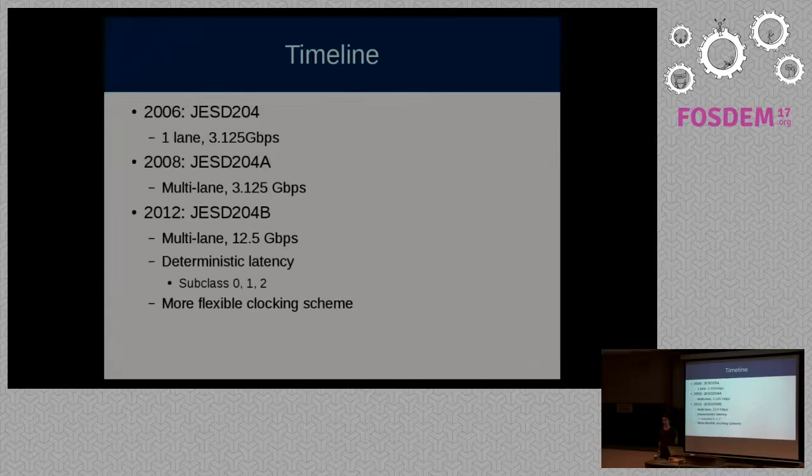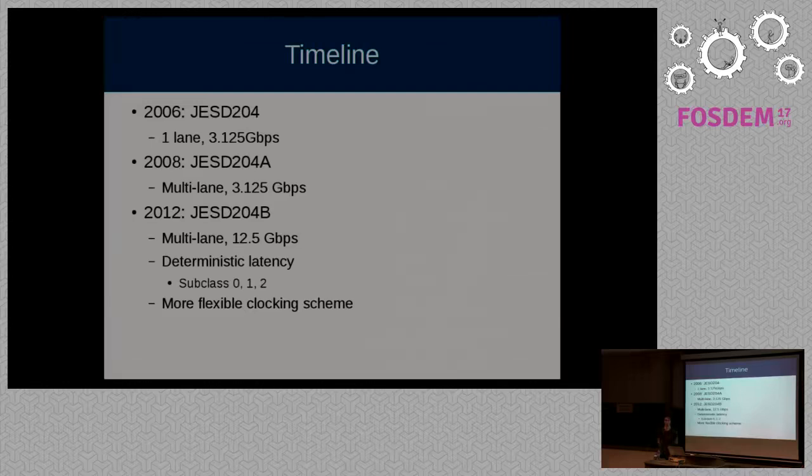So there was the second revision, JESD204B, which raised the limit for each lane up to 12.5 gigabits per second. If you follow this timeline, right about now should be time for the next standard. There are actually devices shipping that go beyond what the standard has to offer and run at 15 gigabits per second per lane. And I think there will also be a REF-C at some point in the future soon.